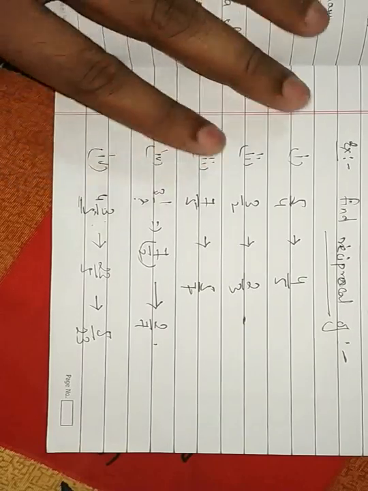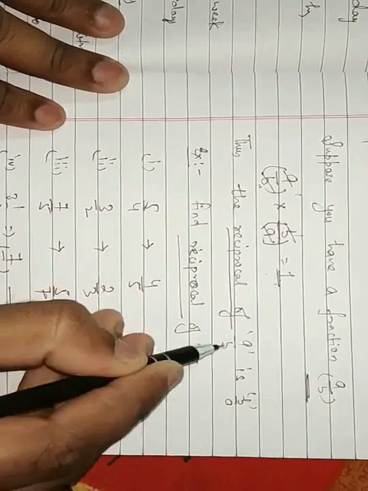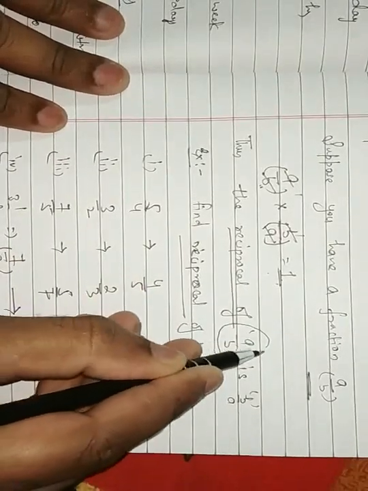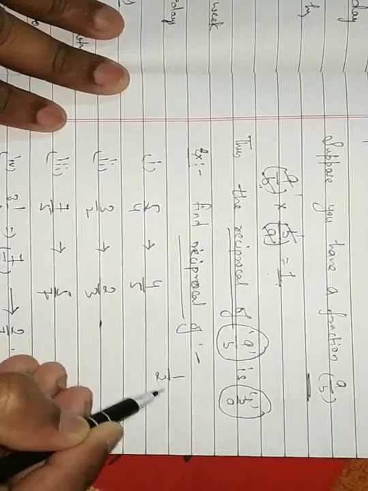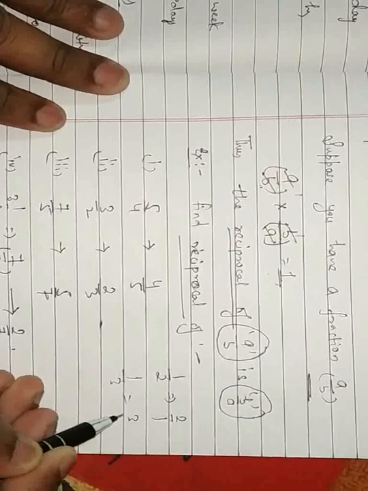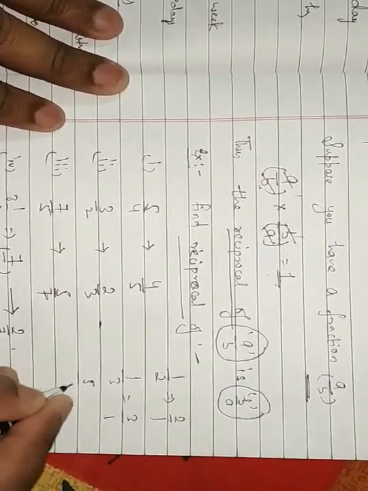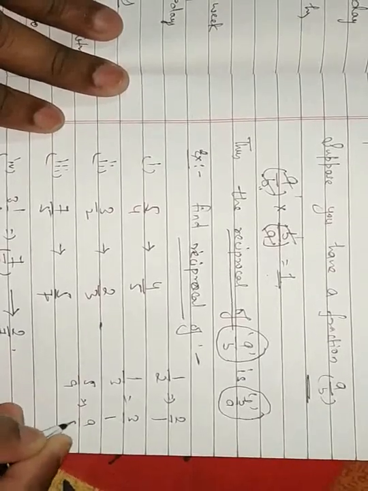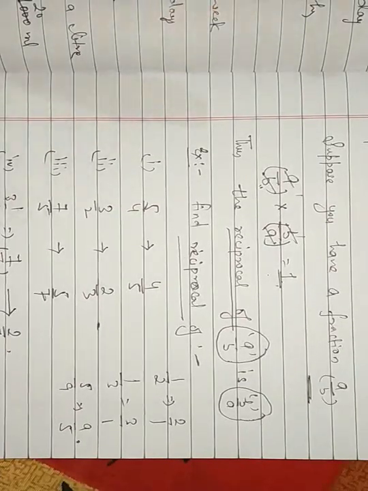So what we have to remember is that the reciprocal of any fraction a by b is b by a. If it is 1 by 2, what will we write? 2 upon 1. If it is 1 by 3, we will write 3 upon 1. If it is 5 by 9, we will write 9 by 5. This is the reciprocal. So how can we define reciprocal?